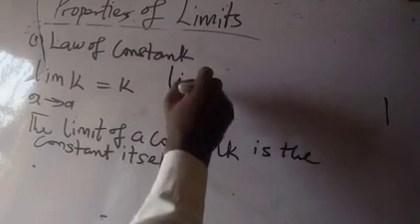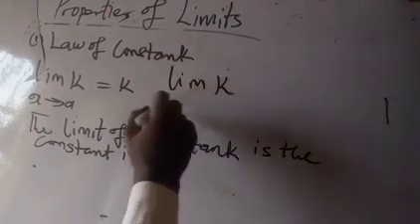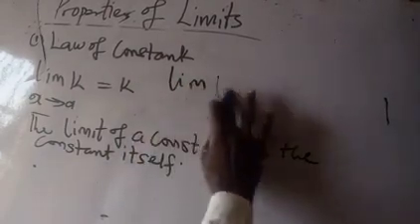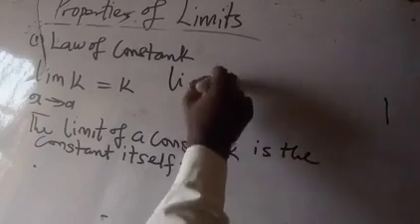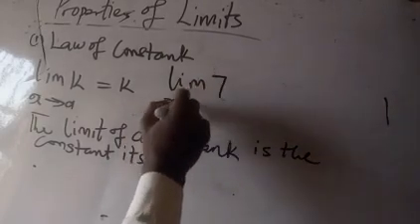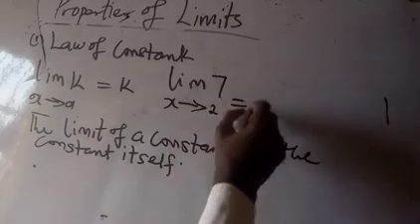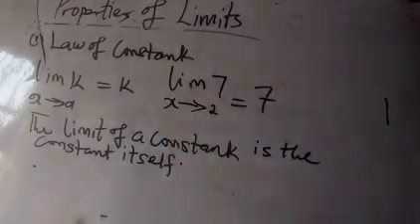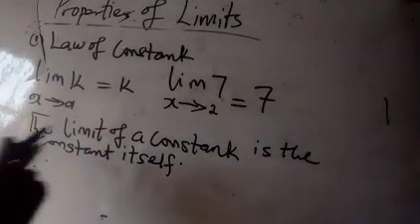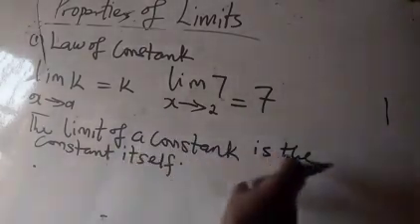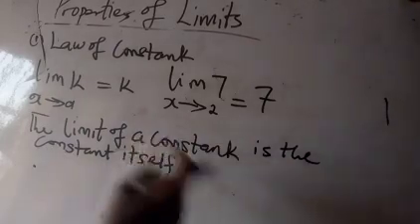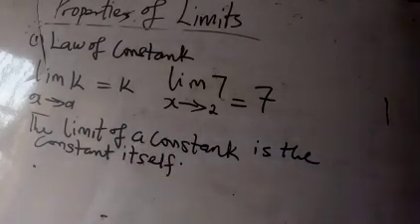What is the limit of 7 as x gets to 2? It is 7, because 7 is a constant. The limit of a constant is the constant itself.